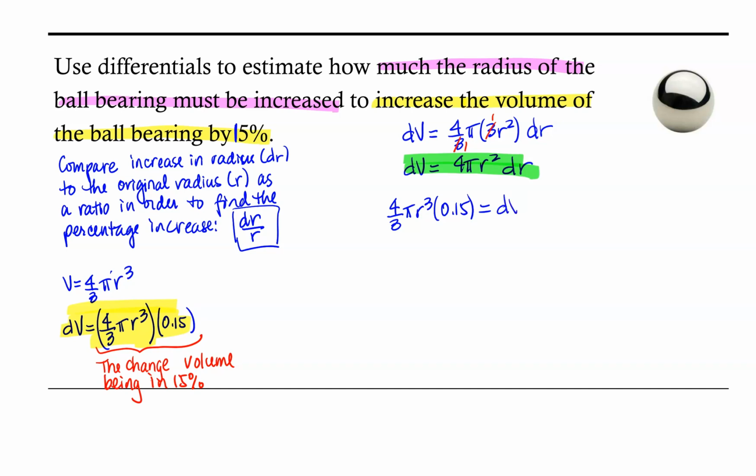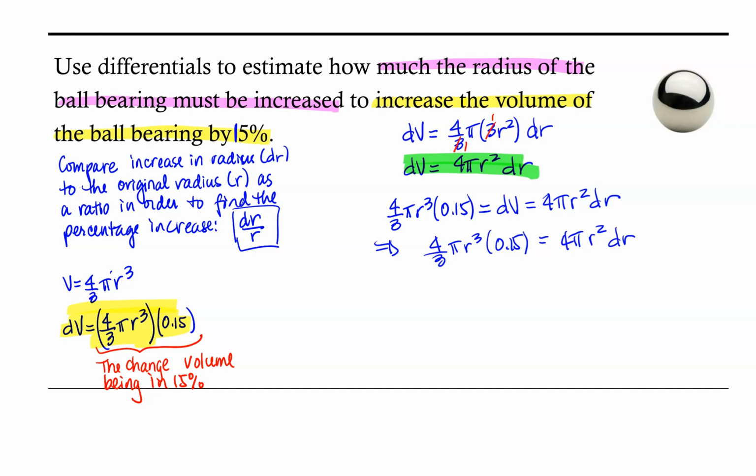And that also has to equal 4 pi r squared dr. So in essence, we end up with just 4/3 pi r cubed times 0.15 equals 4 pi r squared dr.